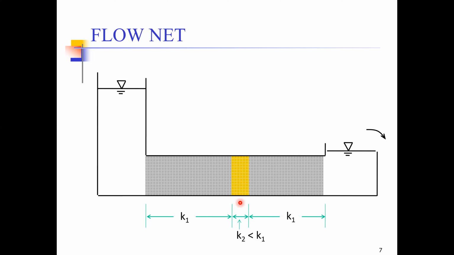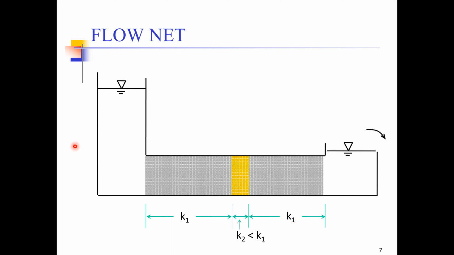So how can we draw the flow lines first? If we want to draw the flow net for this configuration, how can we draw the flow lines? As it would be very clear, flow lines are the ones which represent the flow path of water particles.